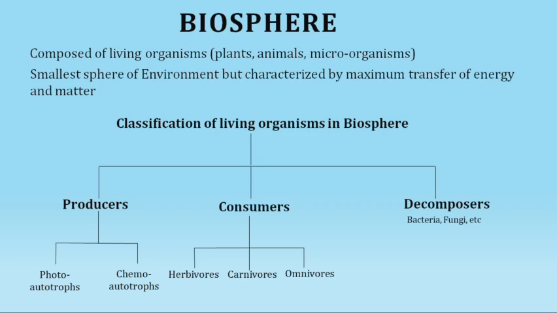The first category is herbivores, and it includes the plant eaters, all those animals who feed on the green plants and consume the green plants as food. The herbivores may include rabbits and squirrels, goats, sheep, cows, etc.